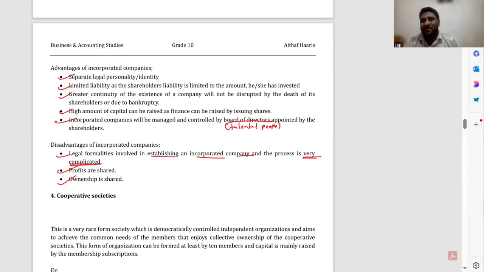And on continued existence: in a partnership or sole trader business, if the owner dies, the business will die. But an incorporated business is not like that. Even if a shareholder dies or becomes mentally unsound, the business will run as it is. These are the three main differences I want to emphasize.